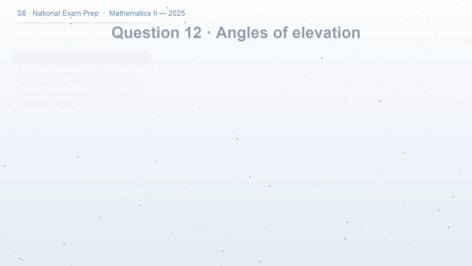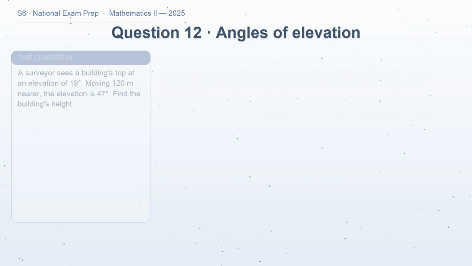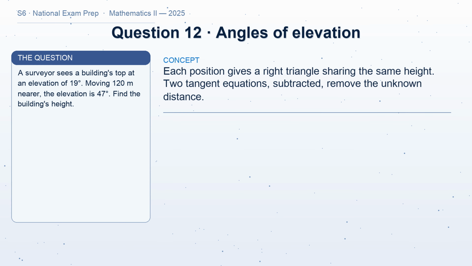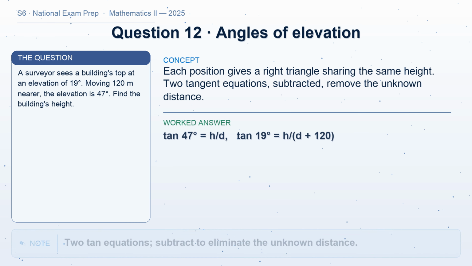Question 12. A surveyor sees the top of a building at an angle of elevation of 19 degrees. Moving 120 meters nearer, the elevation becomes 47 degrees. Find the height of the building. Each viewing point makes a right triangle and both triangles share the same height. From the near point, the tangent of 47 degrees equals the height over the distance.